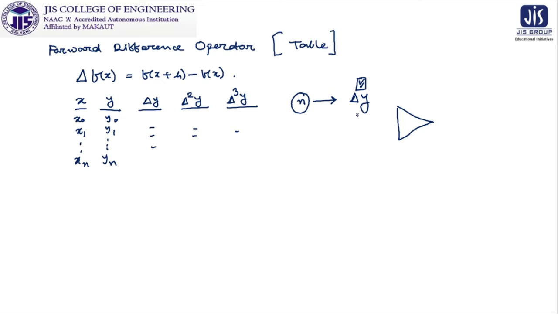So this is one aspect, and another aspect I want to share with you before going into Newton's forward interpolation formula is that if we have n plus 1 data, then we will have a polynomial of degree n maximum. Now, in general, there are so many ways to express the nth degree polynomial. Suppose I want to write p1 of x.